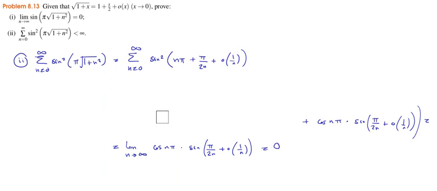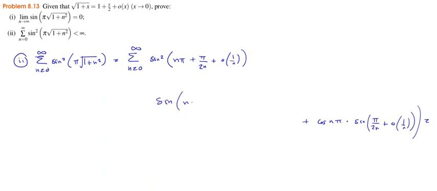So we have seen that this is the sine of n pi plus pi over 2n plus small o of 1 over n, all of this squared.